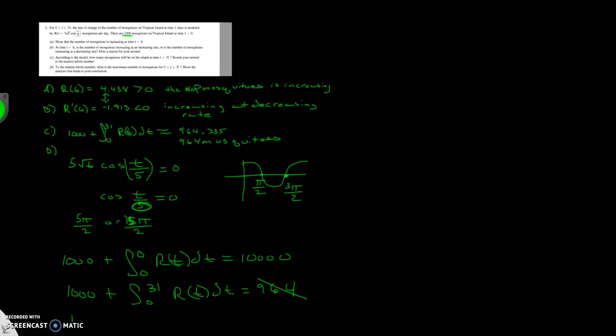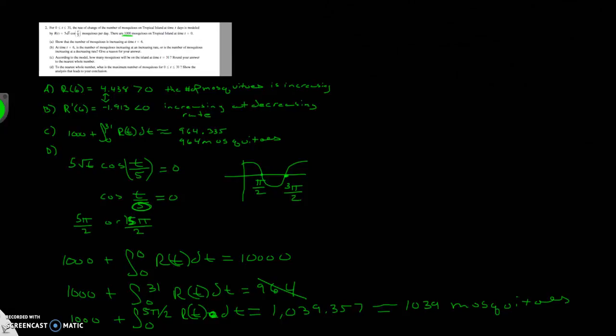So now we have also 1000 plus the integral from 0 to 5π/2 of r(t) dt, which gives you, when I solved it, 1039.357, so 1039 mosquitoes.